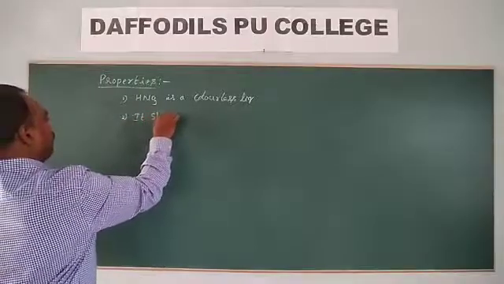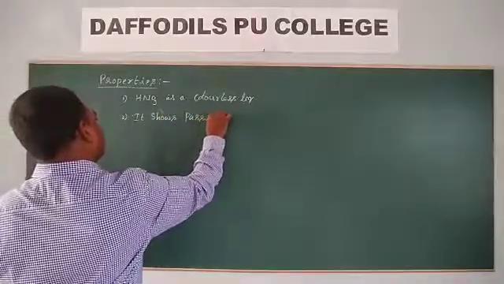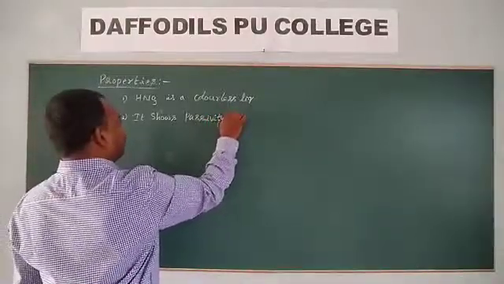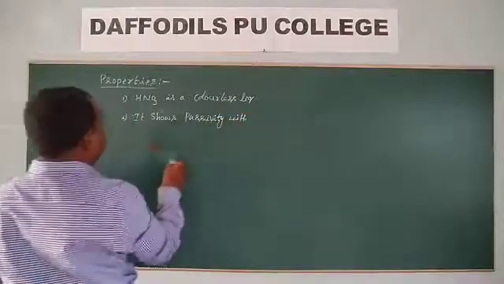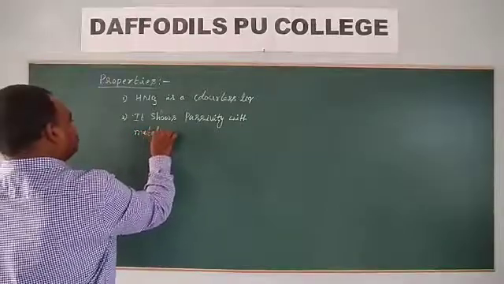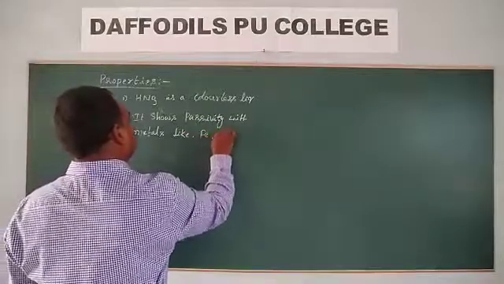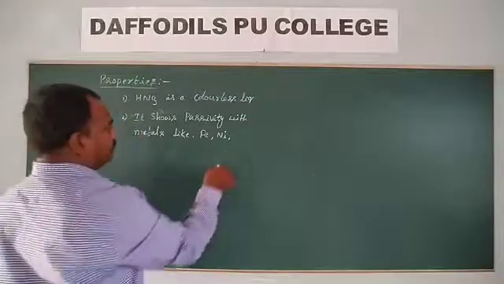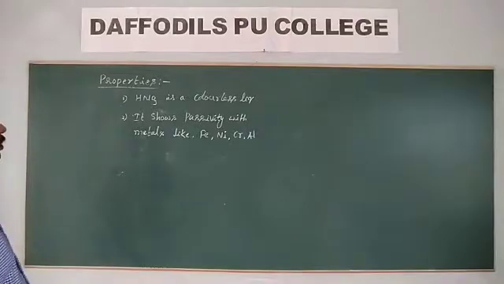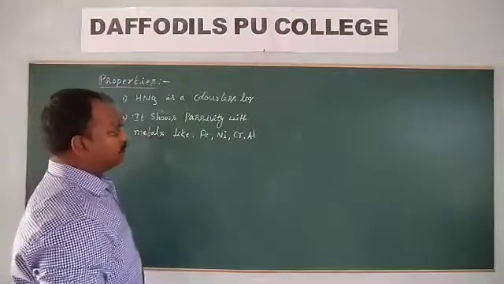It shows passivity with a number of metals like iron, nickel, chromium and aluminum. So nitric acid exhibits passivity with metals like iron, nickel, chromium and aluminum.